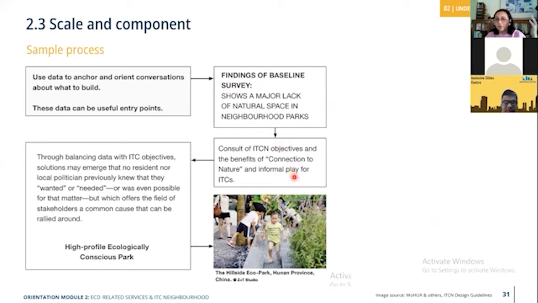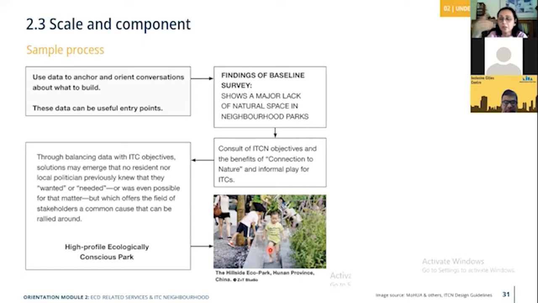Connecting to nature is an ITCN objective that can benefit from having more natural spaces. This can have a bigger guideline, like a big park or a green forest around the space. Or it can be translated, as you can see in this little picture, to where children walk around parks, wherever there is an opportunity, you can increase the green. So this is one sample process.